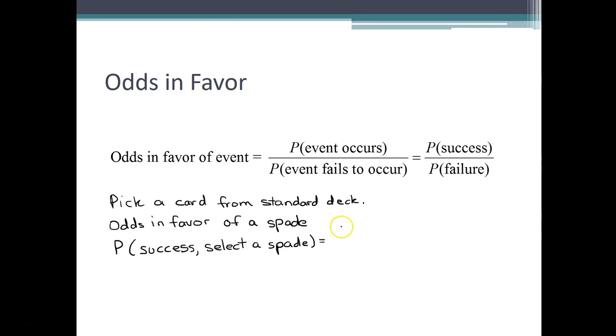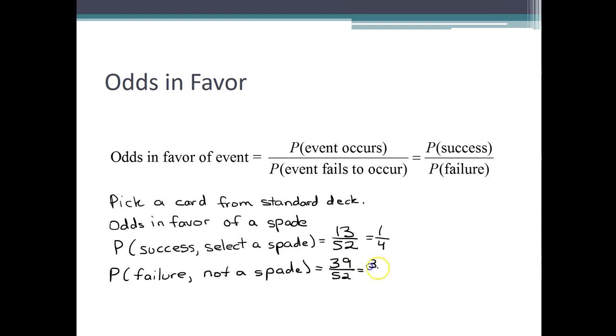In a standard deck, there are 13 cards that are spades out of 52 cards, because spade is one of the suits, and there are 4 suits with 13 cards per suit. So that reduces to 1/4. And then the probability of failure, not a spade, means you've selected some other card, a heart, a diamond, or a club. So that's the other 39 cards out of 52, and that reduces to 3/4.